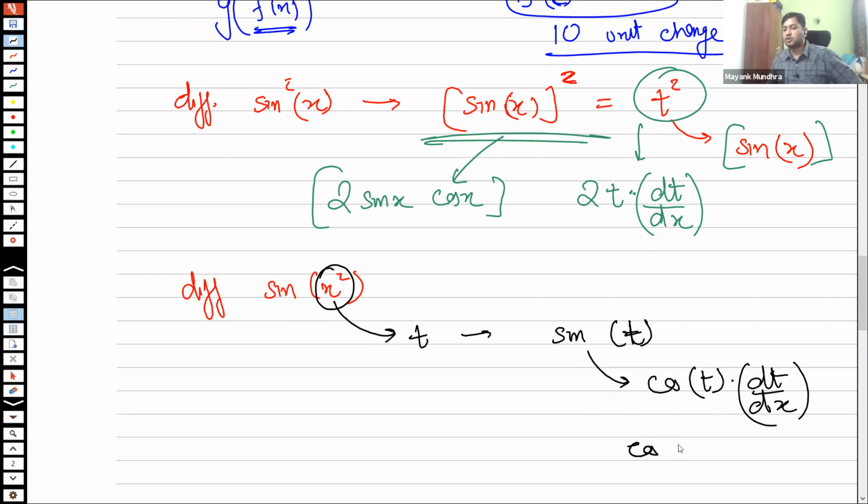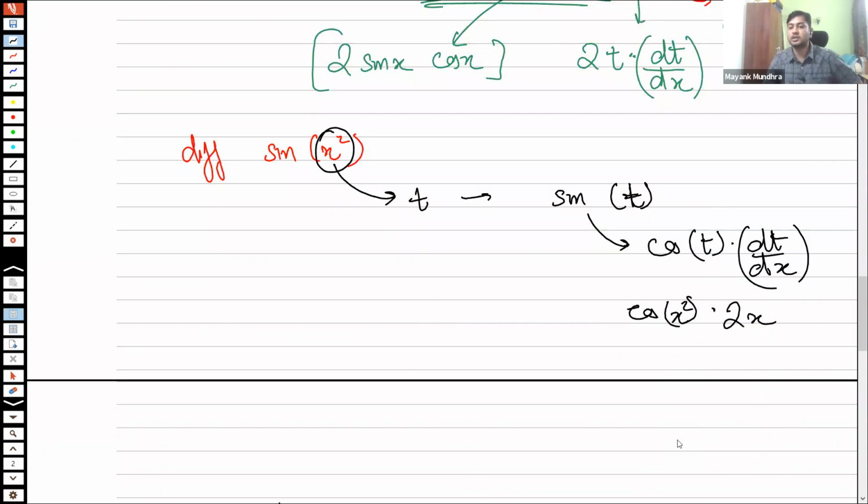So this becomes cos of t into the differentiation of x square, which is 2x. And then you finally substitute t as x square. Don't leave it at t. t is your substitution. The final answer should be in terms of x, not t. So the final thing becomes 2x cos of x square.